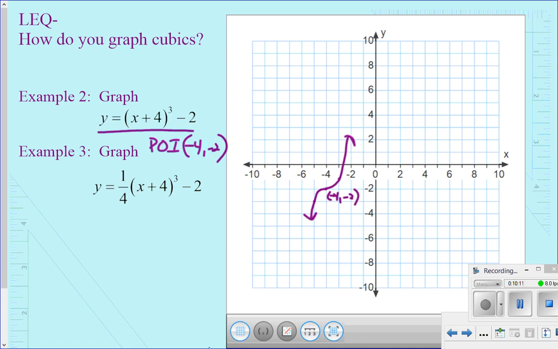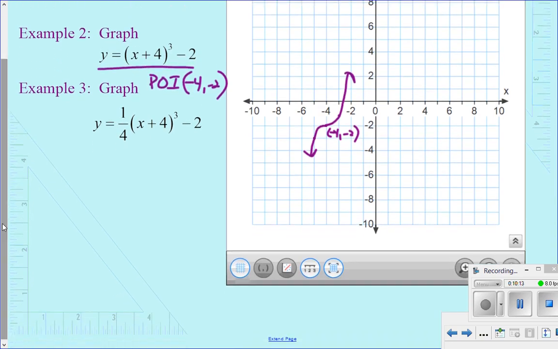The next example. So hopefully you realize by looking at this next equation that the point of inflection is the same. Okay, so I'll just highlight that point of inflection. But I see that I have a 1/4, so I know the graph has been vertically compressed, which means it's going to be wider. But I can't just freehand it. I don't know how wide to make it, so I have to find some other points.